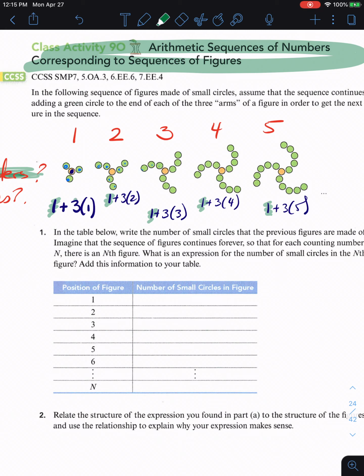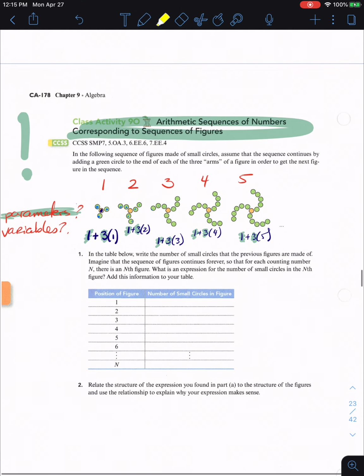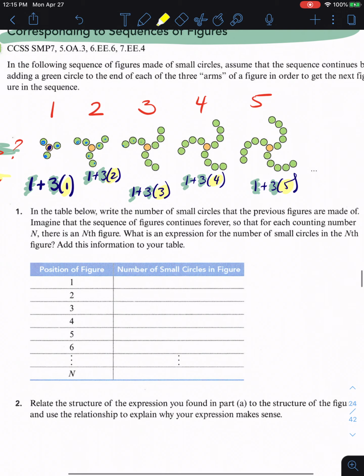The 3 arms is also constant. There are always 3 arms. We're not increasing the number of arms from one figure to the next. But what is changing here, or the variable, is the length of the arms. So that's very interesting to see.